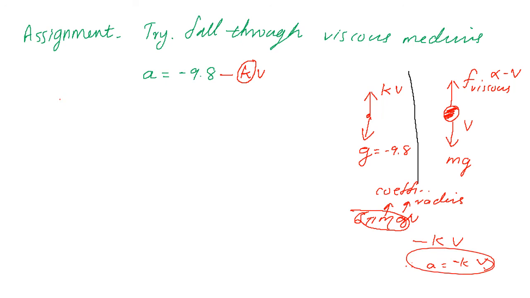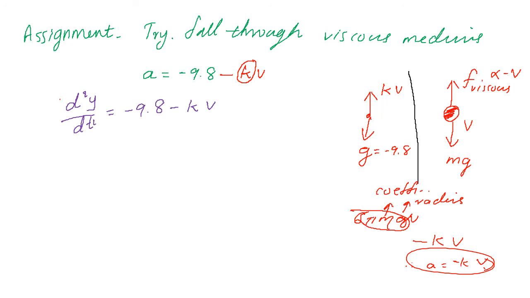As we have done previously, we have to split this into two first order differential equations. So this equation can be written as d square y by dt square is equal to minus 9.8 minus some constant times v. Previously this term was not there.